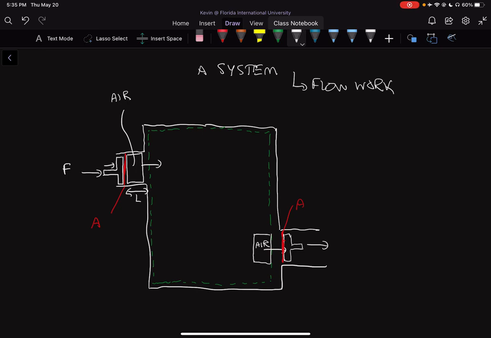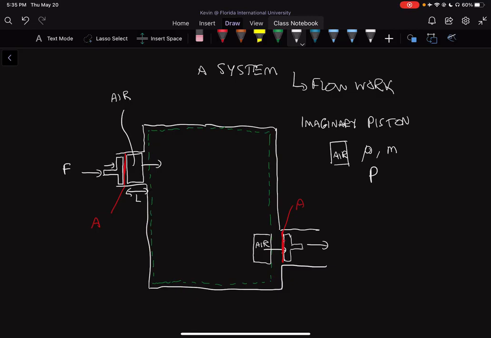Again, this is an illustration, and we're using an imaginary piston to illustrate our point. We can also say that our block of air has a density, rho, and a mass, m, and there's a pressure P applied to this air.